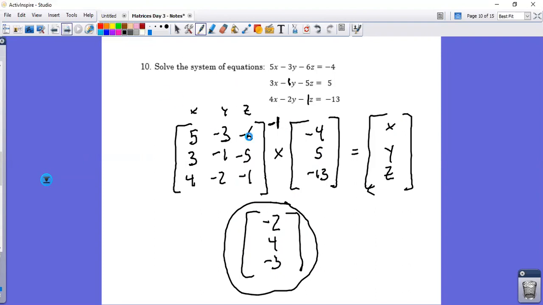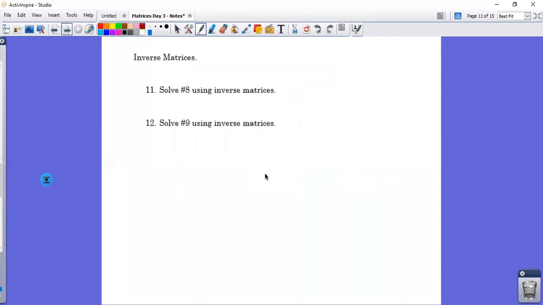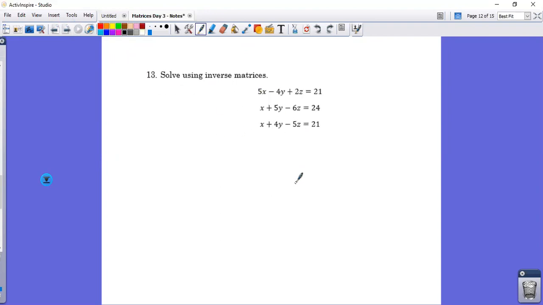So on the notes, it says, if we were in class and we had a lot of time, I would have had you solve those by hand first to remind you how painful that is, and then showed you how to solve with inverse matrices. But since we are on limited time, I just jumped right to the inverse matrices.